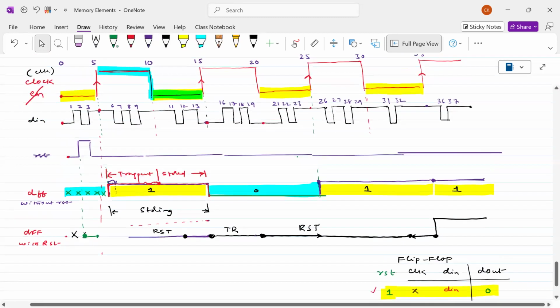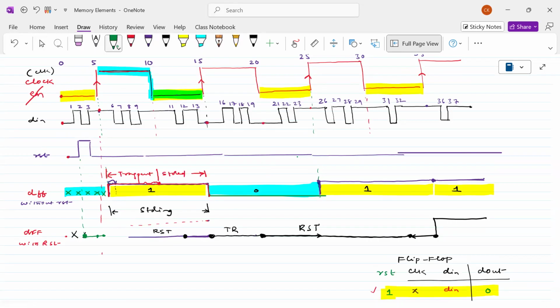Now this will be 0 till the next two. This will be continuous because the positive edge of the clock is not there. It will remain for some duration of time, and then it goes to high. I'm so sorry, I think till this point, and it will go as it is.